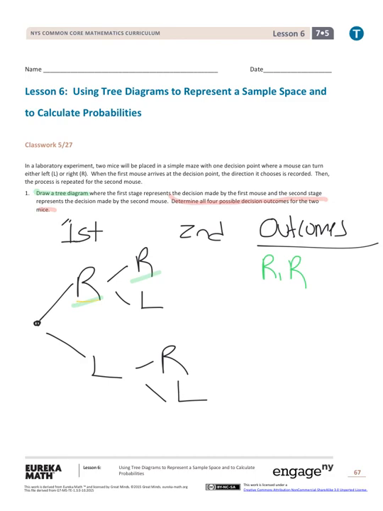The first mouse can go right and the second mouse can go left. Now, the first mouse could go left and the second mouse could go right. And there's one more possible outcome. The first mouse can go left and the second mouse could also go left. Those would be our four possible outcomes for this experiment.